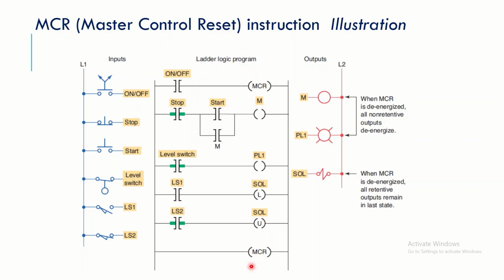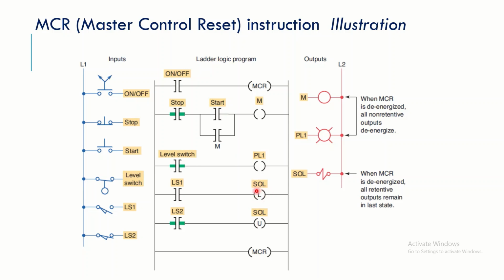Technically we can say they are within the fencing of these coils, so all of them will be activated normally. However, if it is deactivated, then the motor will go off, whatever its condition was when it was activated. The pilot lamp will go off.